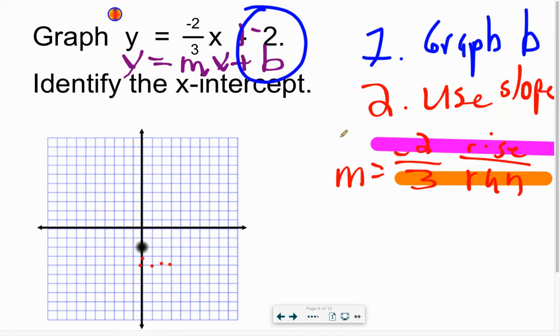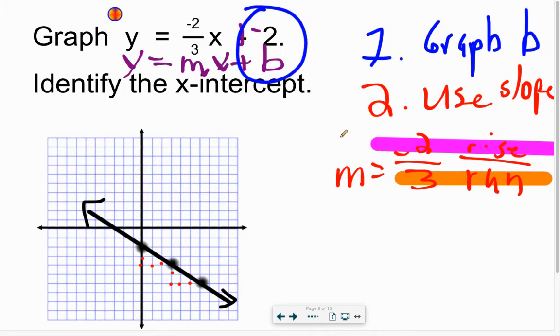Put a dot. And let's do it again. A rise of -2 and a run of 1, 2, 3. Put a dot there. And you could keep going, but that's enough points for us. So let's go ahead and draw a line. Make sure you've used that straight edge. And again, then from there, make sure there are arrows on that line of yours.